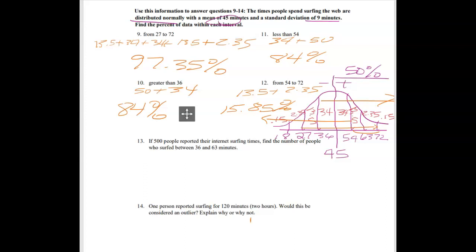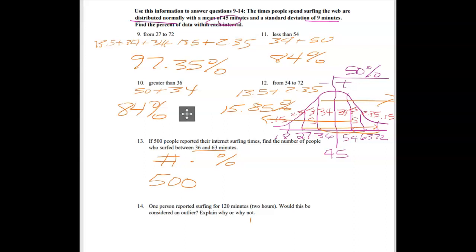Number 13 and 14 are different. If you got 500 people and they want you to predict, you're going to take the number of people and you multiply it by your decimal percent. So I've got 500 people, and then I need to figure out what percent is between 36 and 63. So here's 36 to 63.